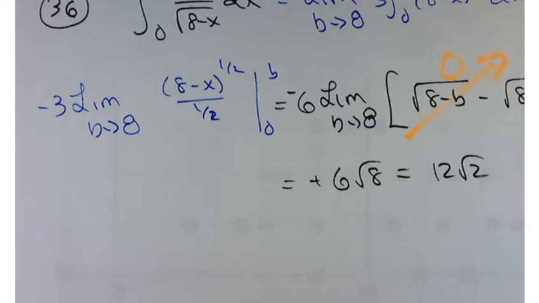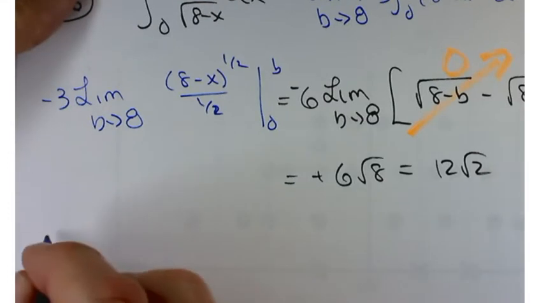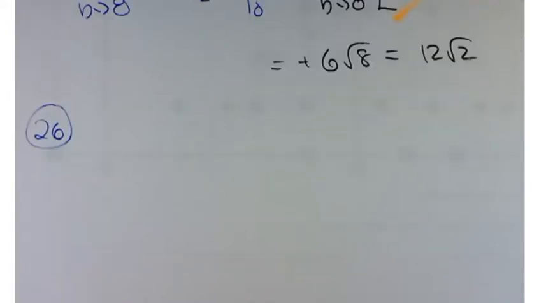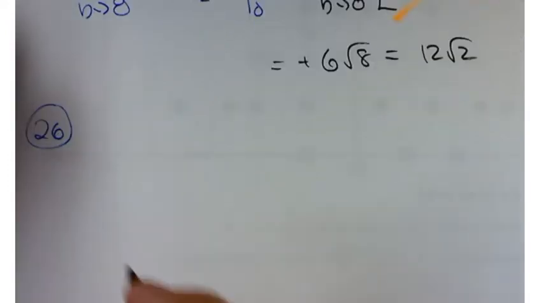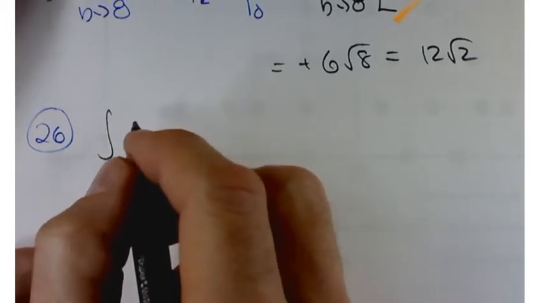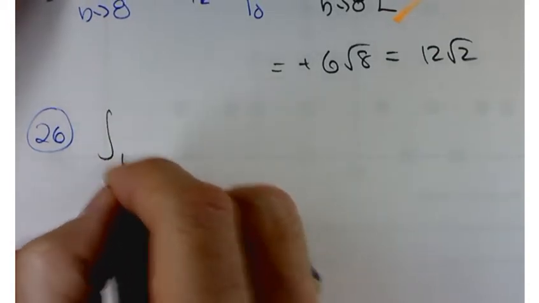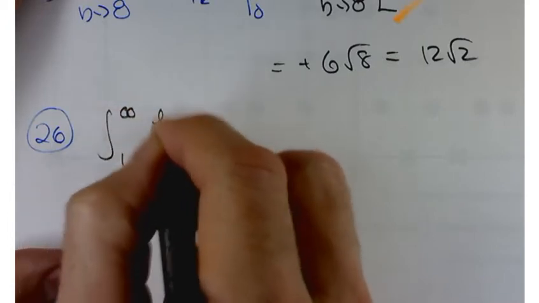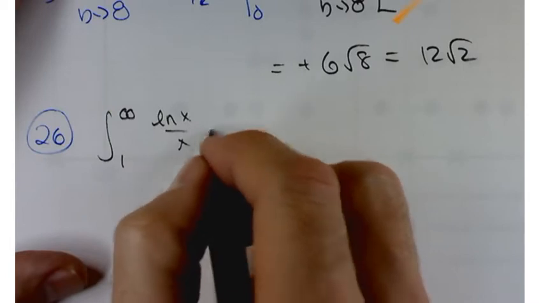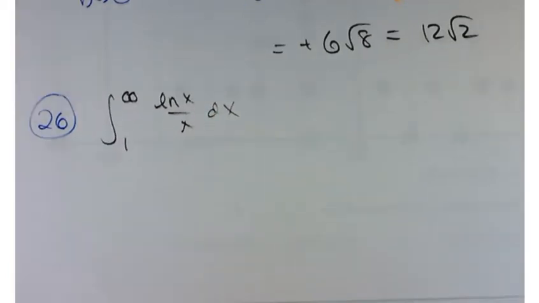Let's try problem number 26. So the integral from 1 to infinity of ln of x over x dx. Now this is a good one to see because you'll run into this kind of problem later on as well.